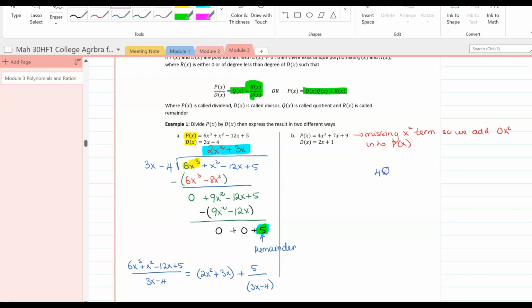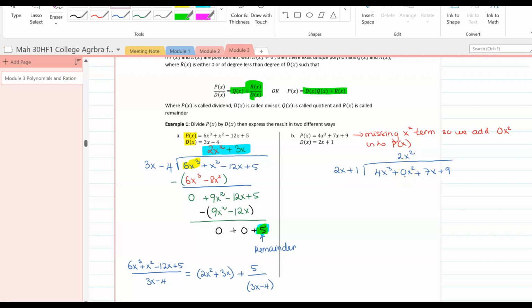So 4x to the third plus 0x squared plus 7x plus 9, and 2x plus 1 goes into it. Now start with the first term. 2x goes into 4x to the third 2x squared times.